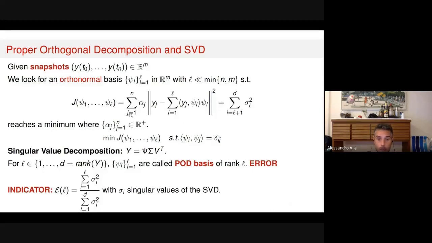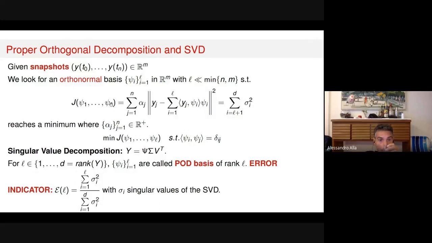The solution of this optimization problem is given by a singular value decomposition, where the first L columns of the left singular vectors are the POD basis. We actually know the error: it is given by the sum of the singular values that we neglect, and that gives an idea how to choose the number of basis functions.